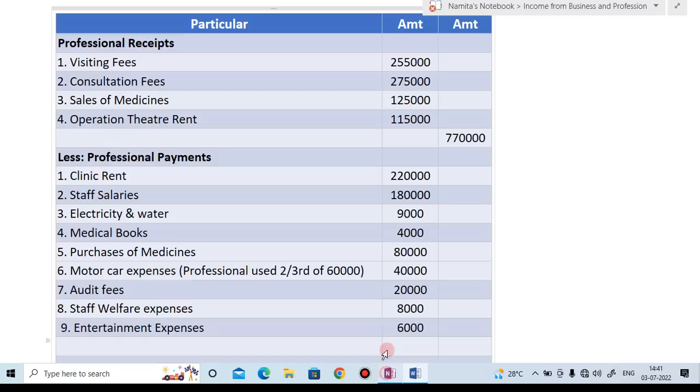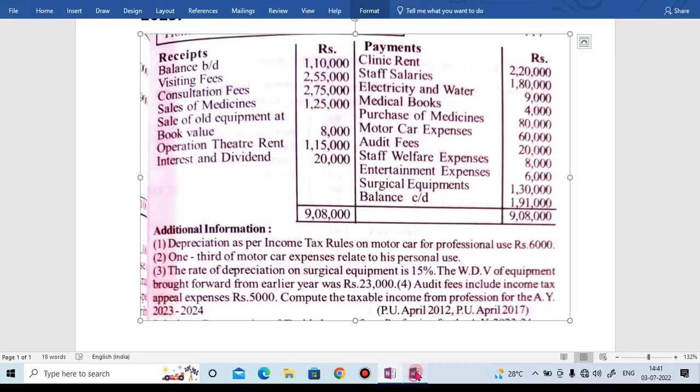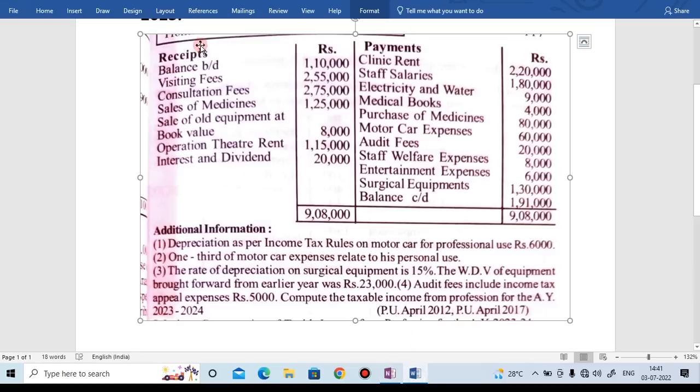Now see the calculation of depreciation of surgical equipment. Surgical equipment written down value is how much? It is given in the question, 23,000. So write down 23,000. Then from this, less the old equipment. Old equipments were given in the receipt side, sale of old equipment at book value 8,000.